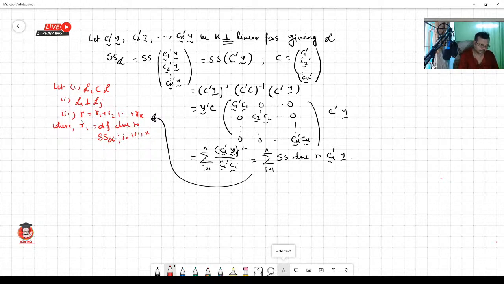And this R should be the degrees of freedom of SS due to Li, not script L, and R is the degrees of freedom of SS due to script L.